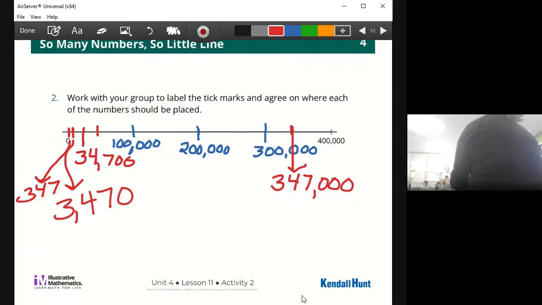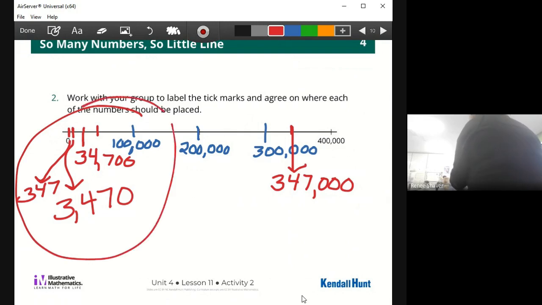Dave. Okay. Where would you guys say most of the numbers are located? Right here. Would you guys agree most of them are close to the 0? Yeah, they are. Okay.